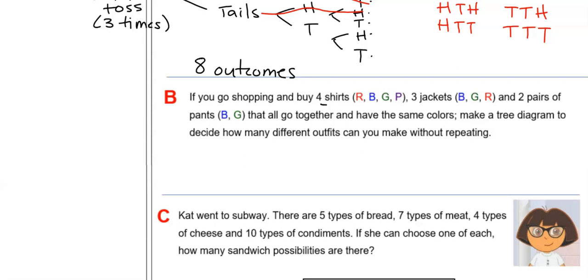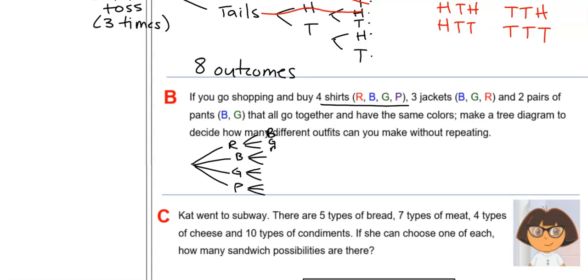So I'm going to start with the shirts, and we need 4 branches. We need red, blue, green, and purple. And then from there, we need 3 jackets. 1, 2, 3, 1, 2, 3, 1, 2, 3, 1, 2, 3. This gets a little bit messy.